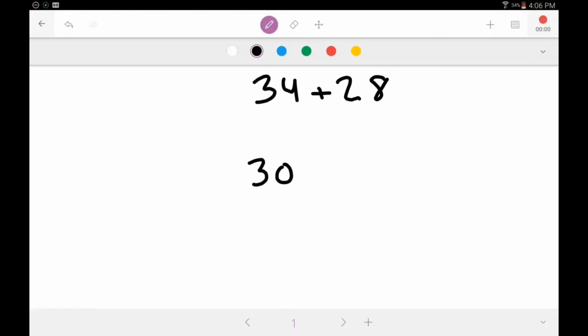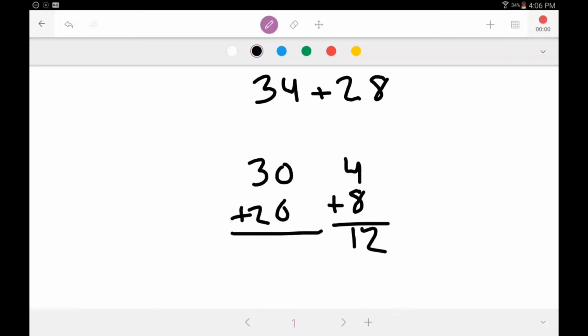So here I've got 30 and 4, 20 and 8. That gives me two separate problems that I can solve. 8 plus 4 is 12, and 30 plus 20 is 50. And I can just add those together to get 62.